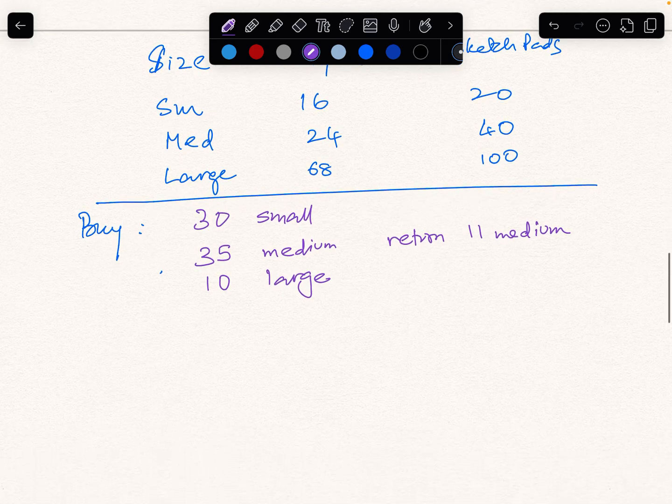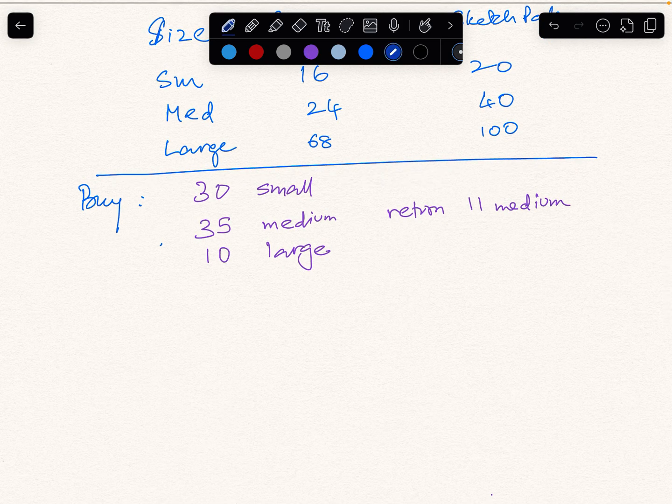So let's look at how we're going to evaluate the quantity of crayons. We're going to do them one at a time. The number of boxes of crayons is going to be 30 small-sized kits times 16 boxes of crayons in each kit, plus what we have is we buy 35, but we return 11.